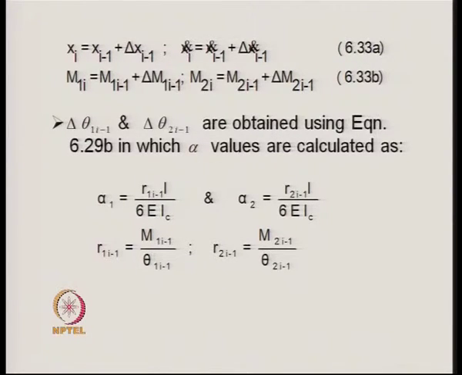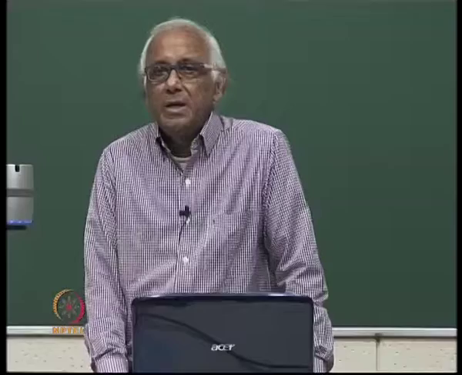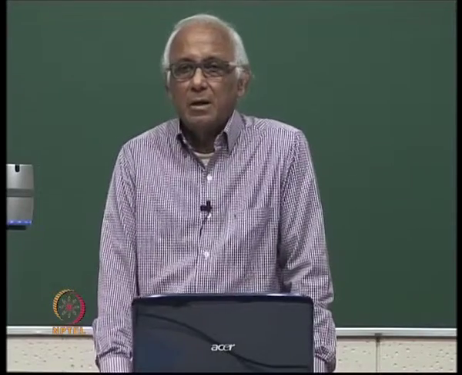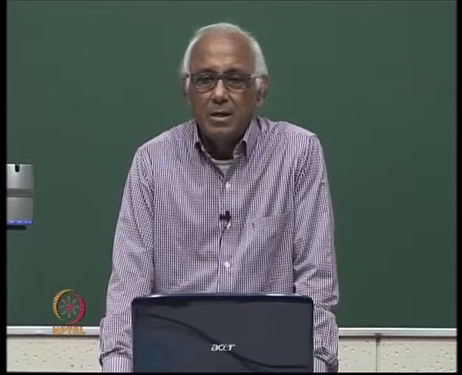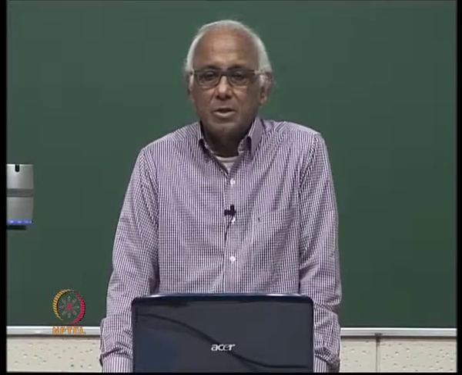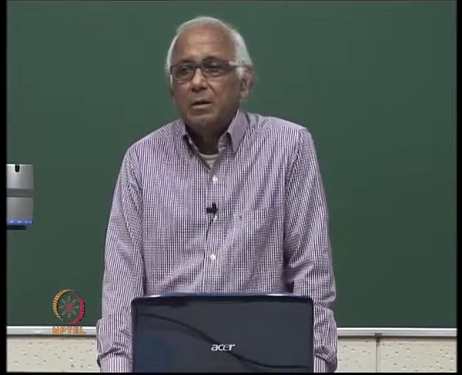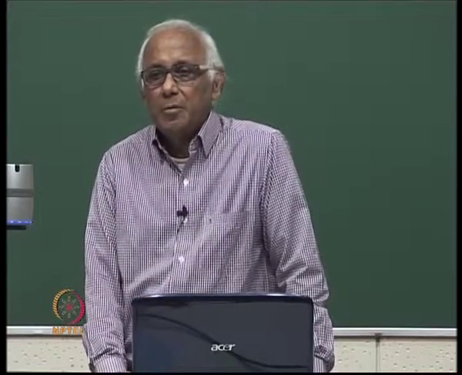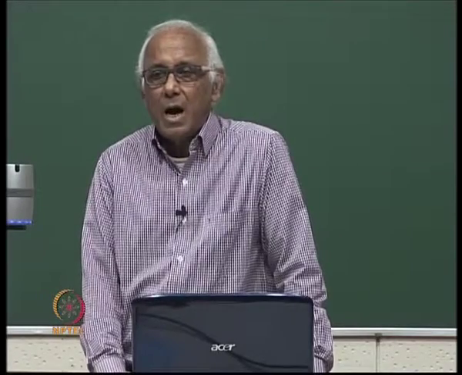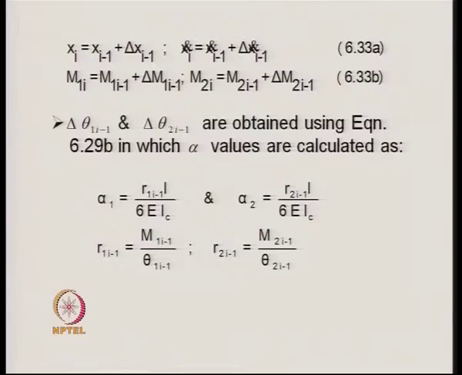Similarly, one can calculate the value of the bending moment at the ith time station at a cross section of the beam, and in obtaining the bending moment at the ith time step, we need to know the delta m 1 I minus 1 and delta m 2 I minus 1, that is at the two ends of the beam.